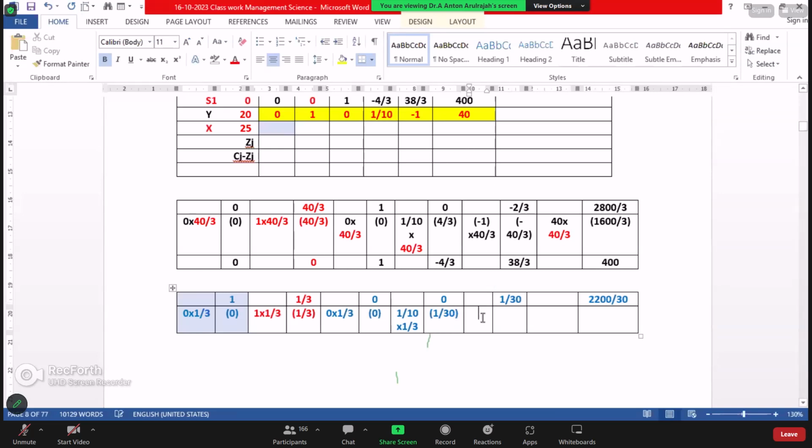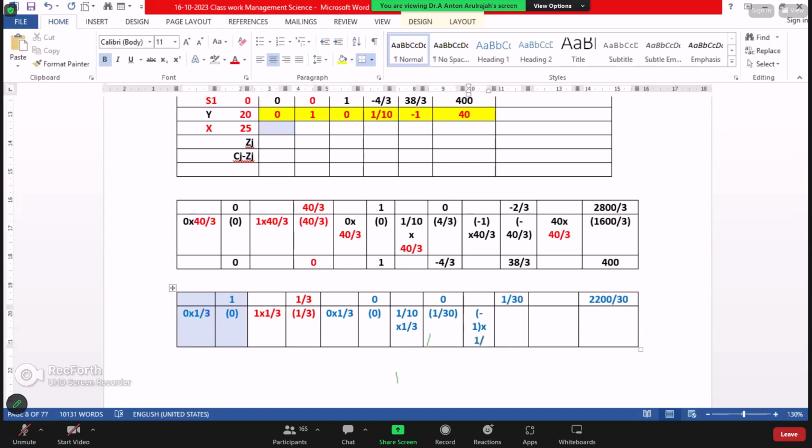Then minus 1 has to multiply by 1 by 3. How much? Means minus 1 by 3.